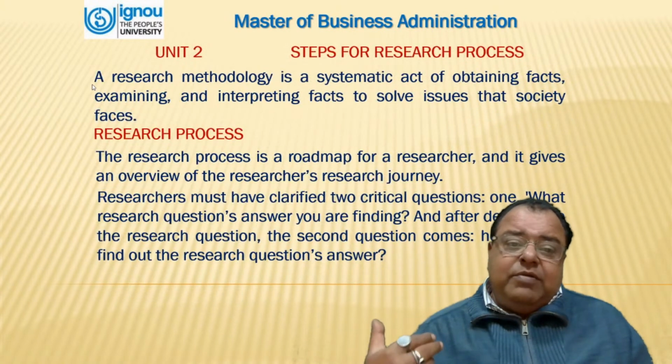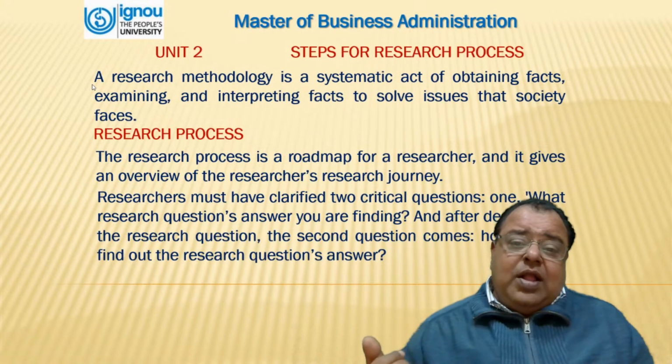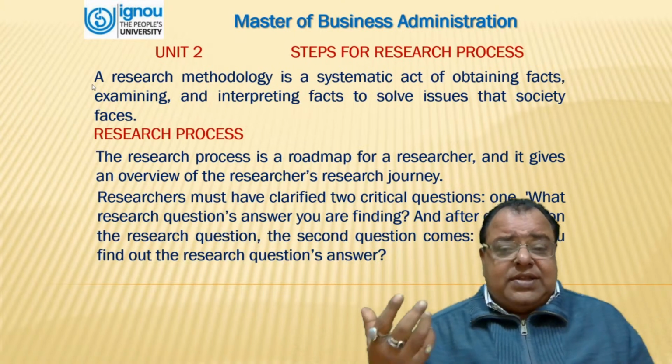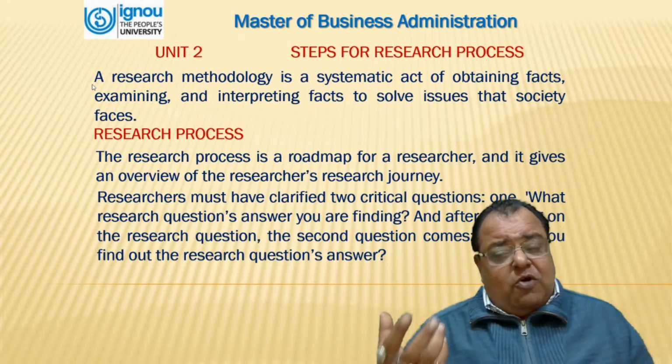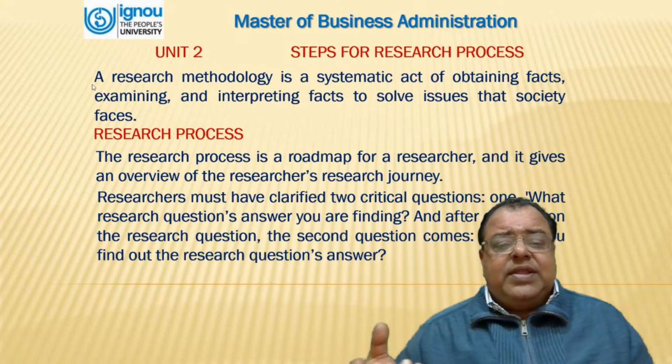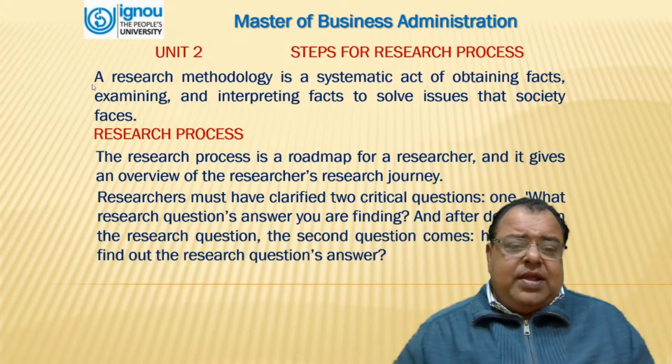Now, we move to Unit 2, which covers the steps in the research process. A research methodology is a scientific act of obtaining facts, examining and interpreting them to solve issues that society faces.